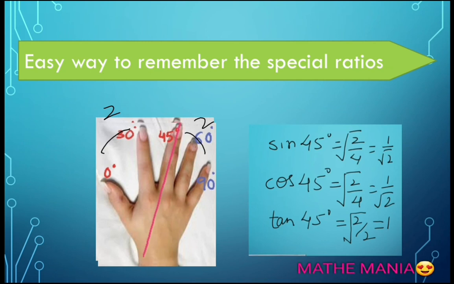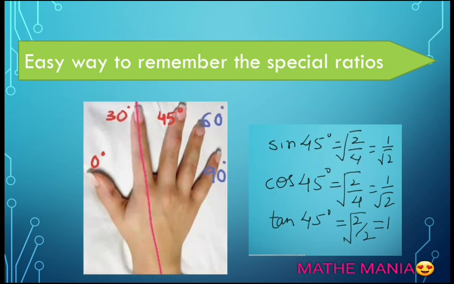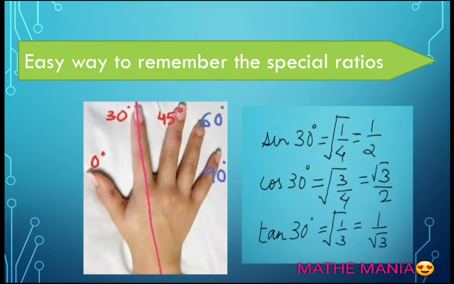Let's consider another angle, say 30 degree. So you can see there are 3 fingers on the right hand side and 1 finger on the left hand side of this 30 degree angle. So sine 30 would be 1 upon 4 under the root, that is 1 by 2.